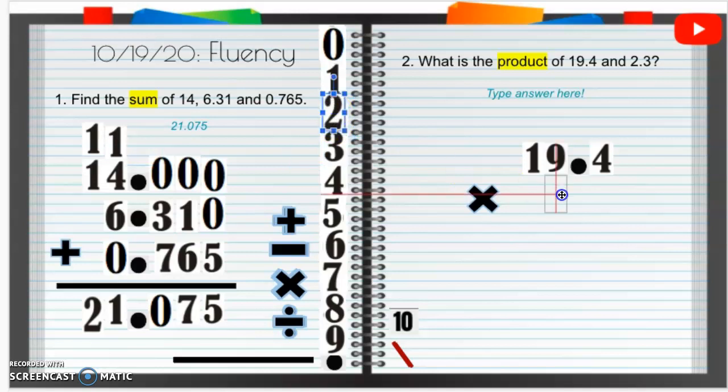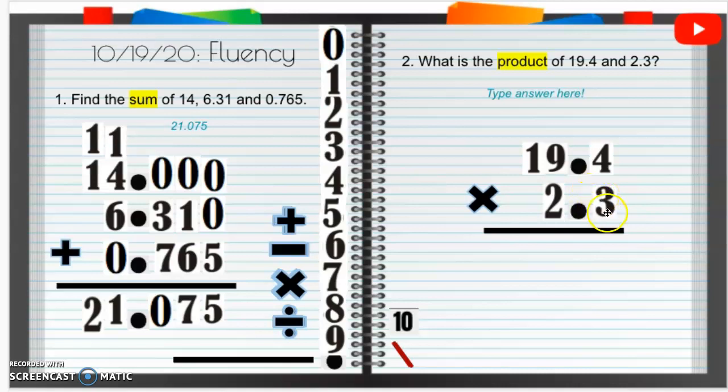So you don't need to line up your decimal points when you're multiplying. So we have that 19 and 4/10 times that 2 and 3/10. Alrighty, so now we're going to multiply. Do you see how I lined it up to the right? So we can ignore our decimals in the beginning, and then we can put them back in the answer.